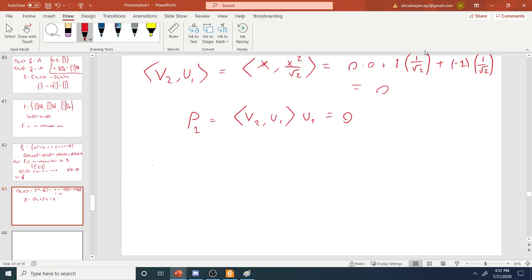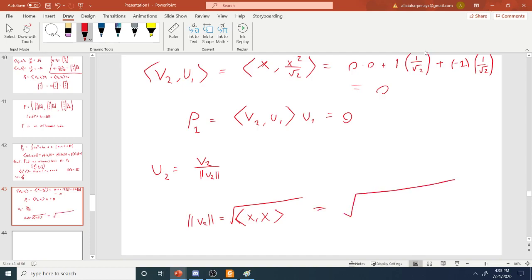So u2 is going to be equal to v2 divided by its norm. The norm of v2 is equal to the square root of the inner product of x with x.